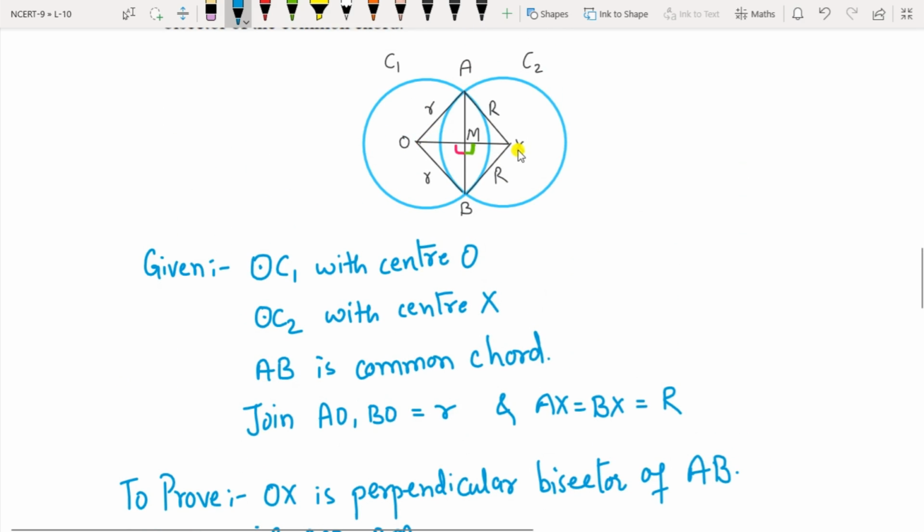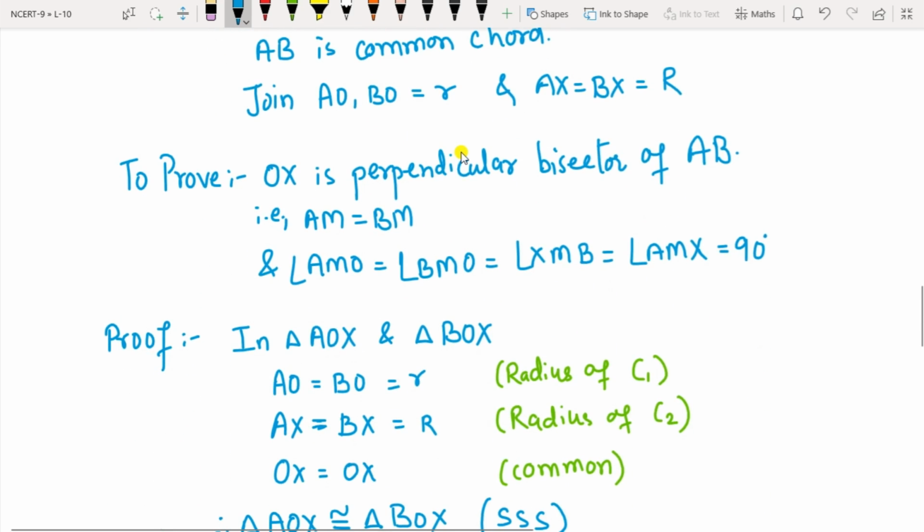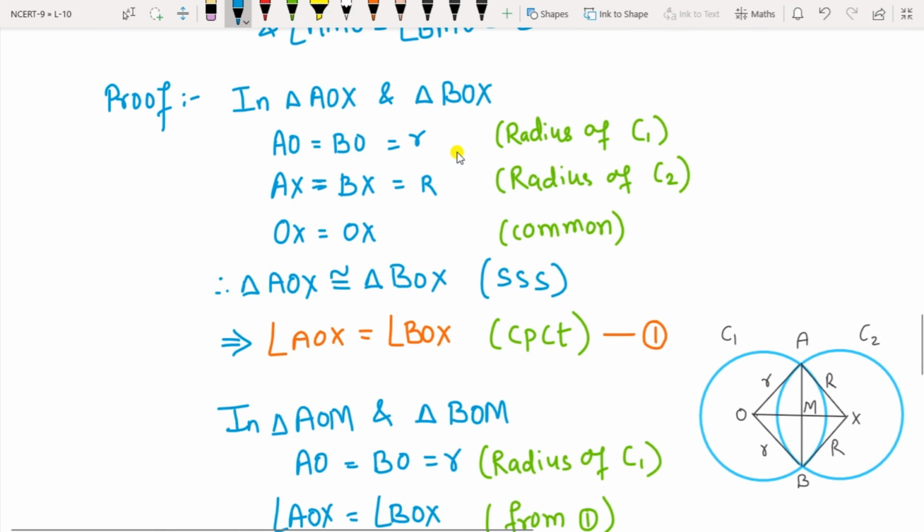So you have to prove that OX is the perpendicular bisector of AB, that means AM is equal to BM, and these two angles are equal to 90 degrees, that also we have to prove, because it is a perpendicular bisector. Now let us consider from the figure triangle AOX and BOX. Here AO is equal to BO, since they are the radii of the same circle C1.